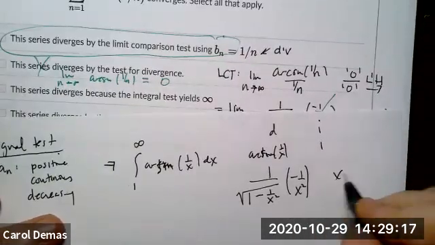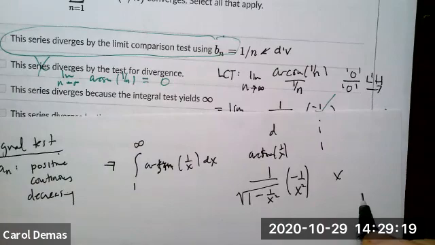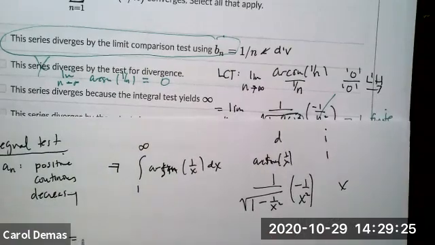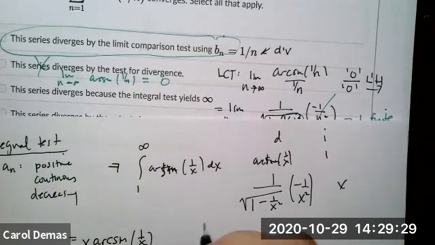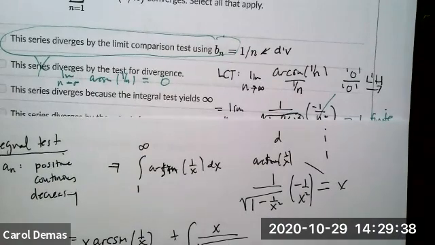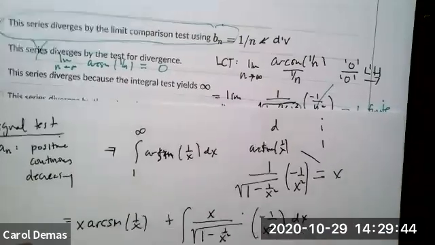And here we'll have x. Okay, so that's going to give us x arc sine 1 over x minus a negative. We'll have plus the integral of x over the square root of 1 minus 1 over x squared times negative 1 over x squared dx.